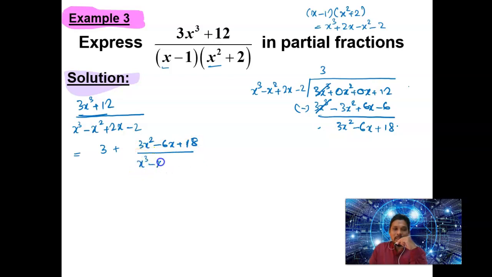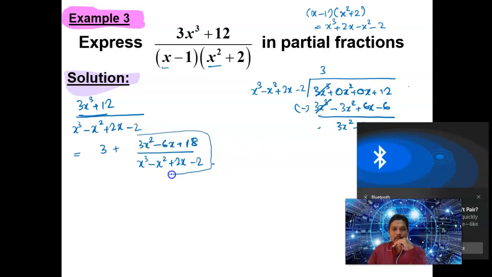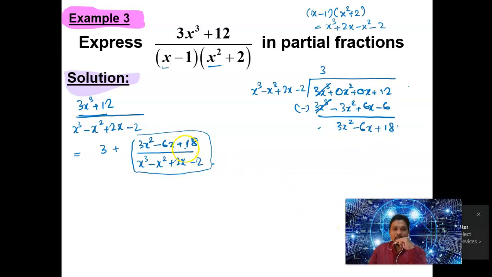Okay, so now this is the proper fraction that we are going to express in partial fraction.